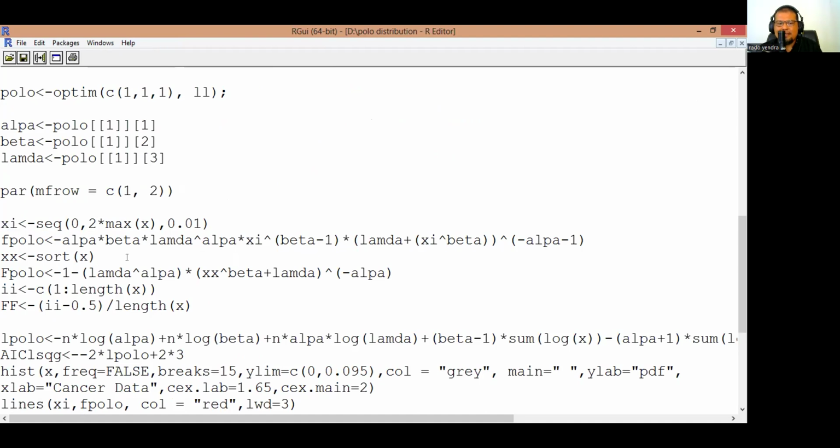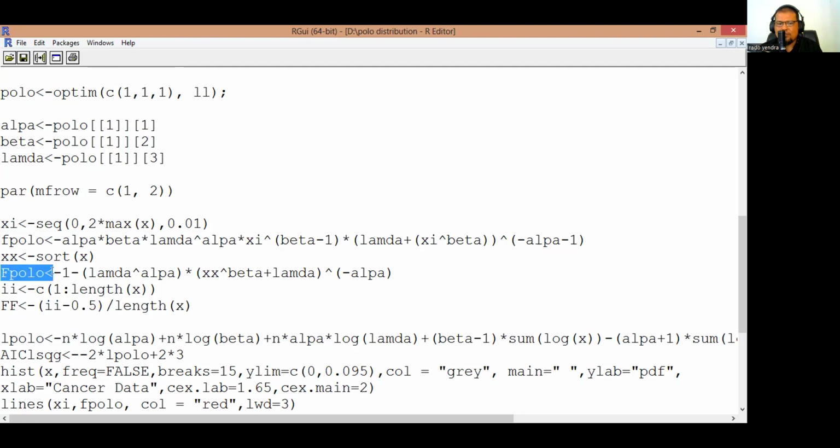Okay, and then if we want to create the cumulative plot, we need the cumulative theoretical, F equal to i minus 0.5 divided by n, where i means the numbers 1 until the length of the data. So this is the cumulative theoretical, and this one is the cumulative model.